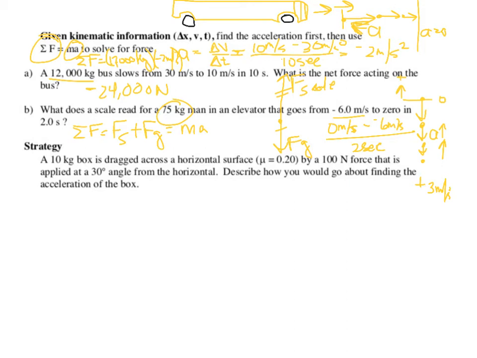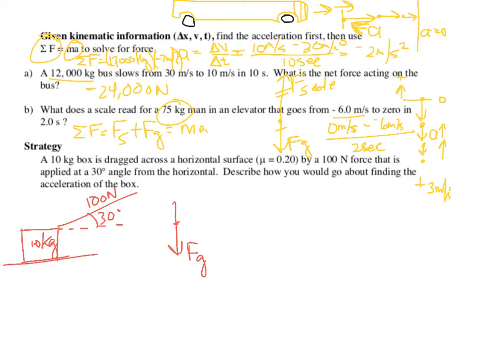Well, we have a box being pulled with a 100 Newton force at a 30-degree angle, and it's a 10 kilogram box. Force diagram: Fg, Fn, which is smaller than Fg.